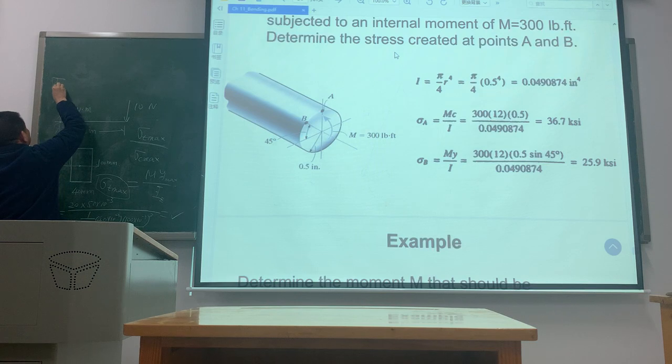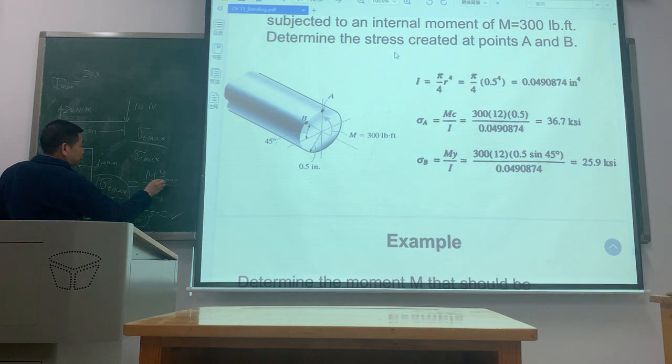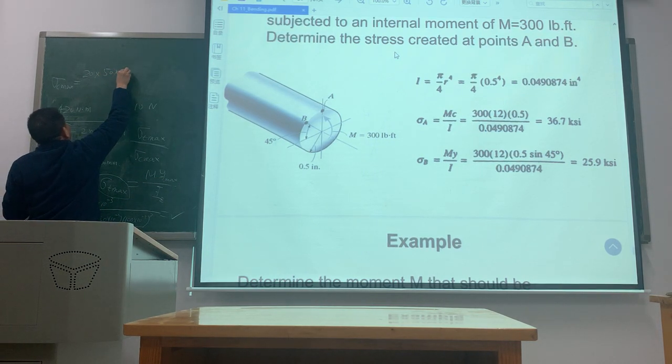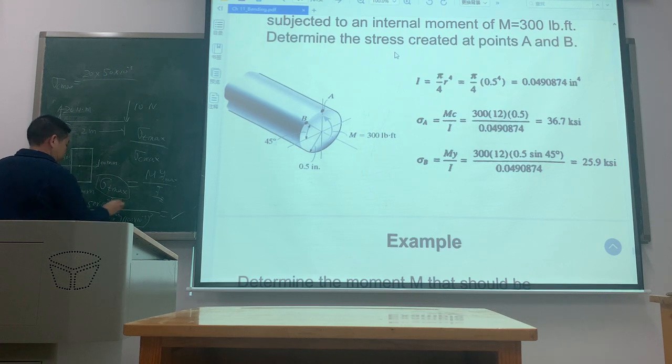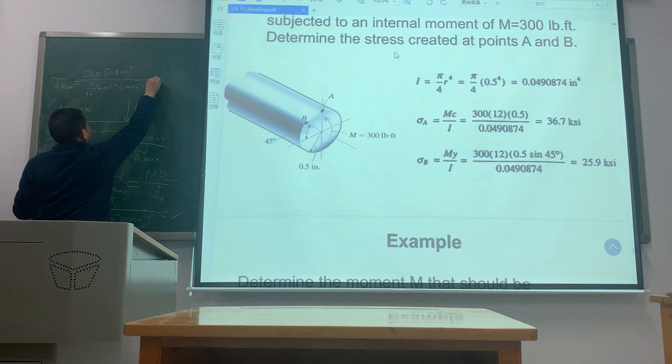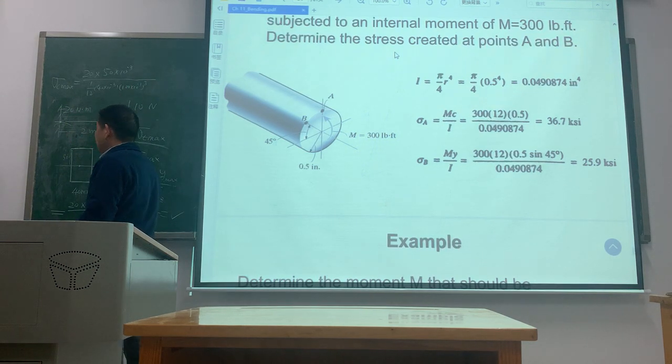Suppose sigma C equals minus 20 and sigma T is also 20; the values are the same. That's the difference.